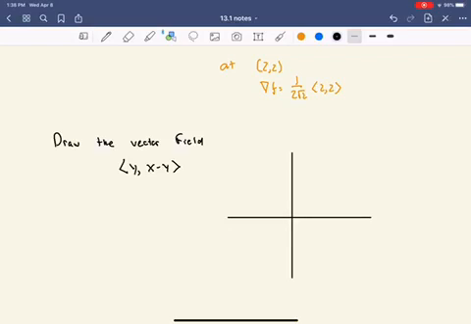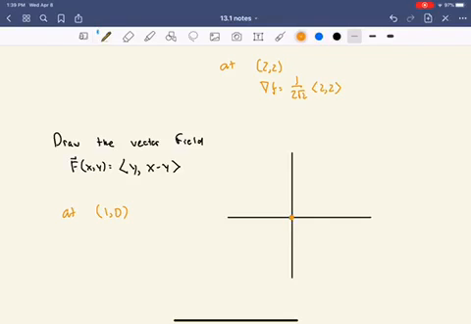Again, what we have to do is just pick some points and start finding the vector field. So at (0, 0), it's 0 again, right? When x and y are both 0, it's 0. Let's take (1, 0), just like before. What's happening there? Well, our vector field, this is actually called F. I put an arrow over it.